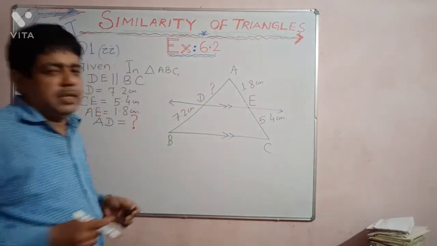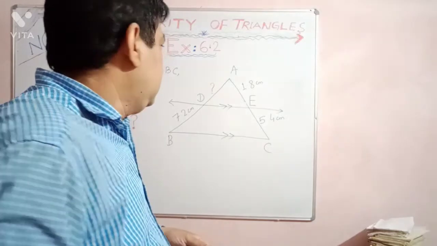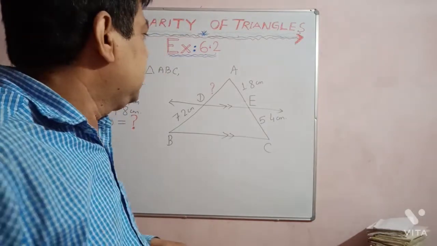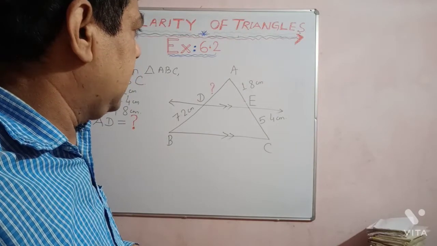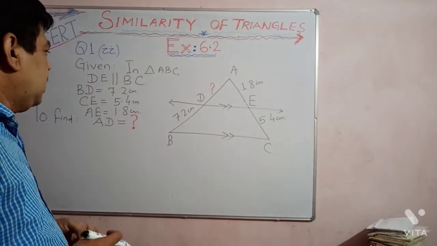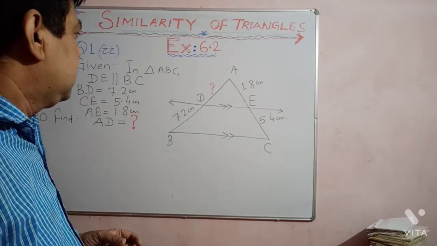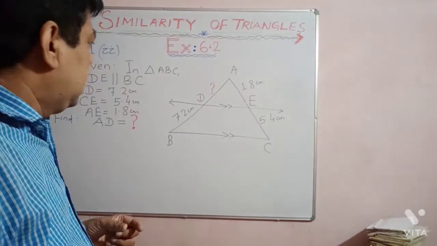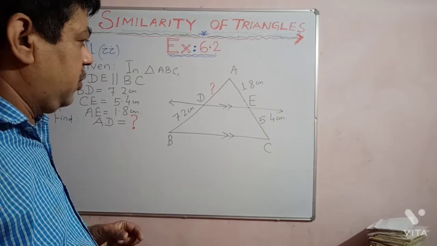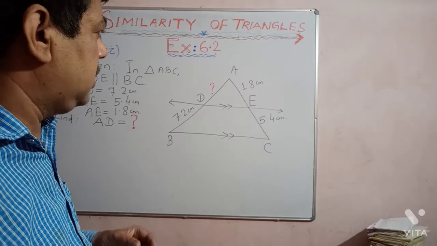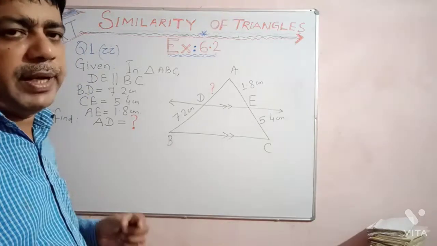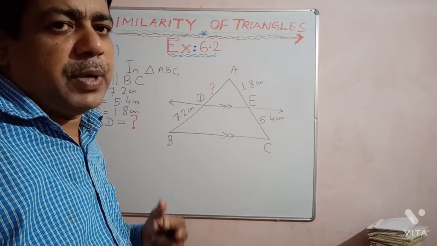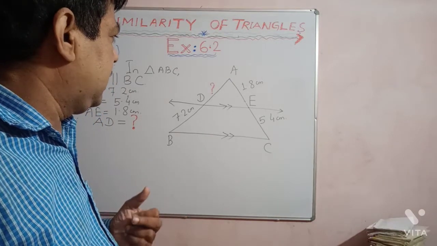And here you see the line DE intersects AB at the point D and the side AC at the point E. Also given that the part BD is 7.2 centimeter, the part CE is 5.4 centimeter, and the part AE is 1.8 centimeter. Here we have to find out the length of AD, the upper part of the line DE.